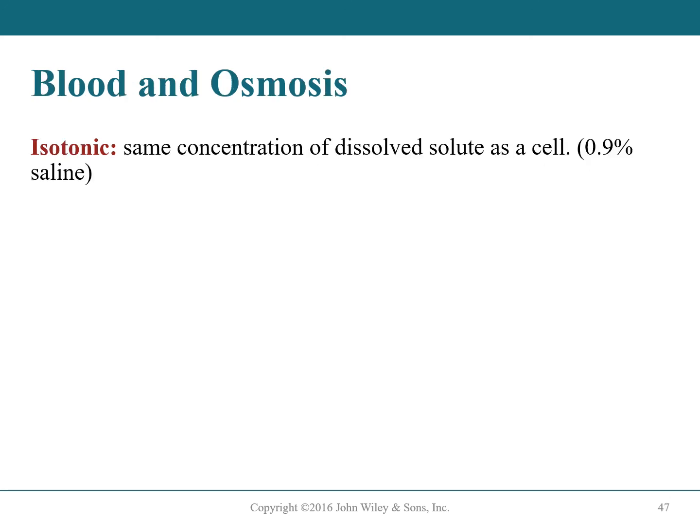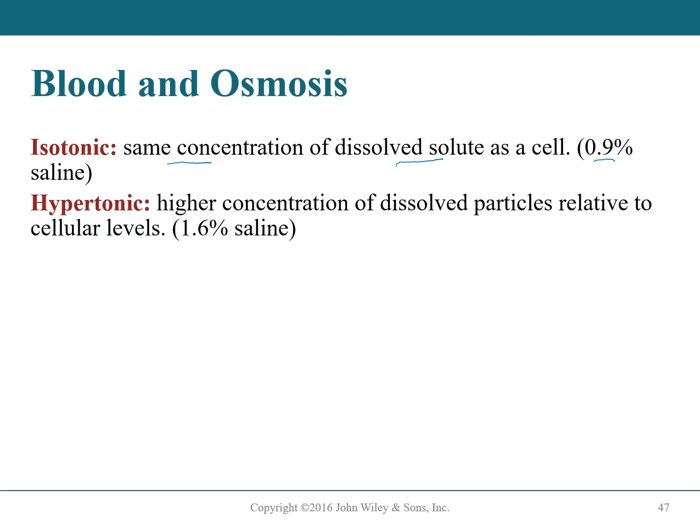When we talk about blood and osmosis, why is this important? Isotonic means it's the same concentration of dissolved solute. In this case it's 0.9% saline. So there is no osmotic pressure because it's the same inside the cell and outside the cell.